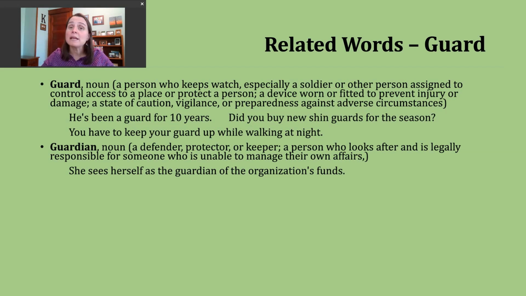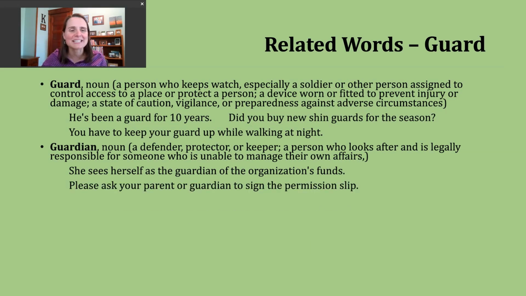It could also be because someone has certain disabilities, and again, they're not able to make informed decisions to protect and take care of themselves. An example of this in a sentence might be, please ask your parent or guardian to sign the permission slip. This is something many teachers will say. Again, they're asking a child to talk to the adult that is responsible for their care.